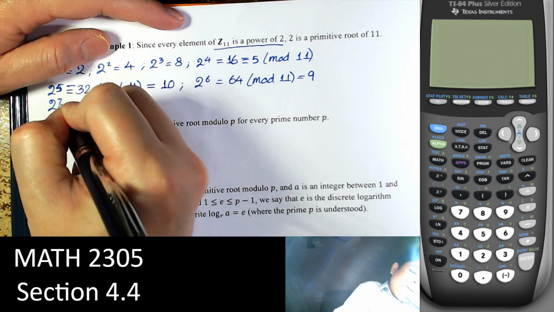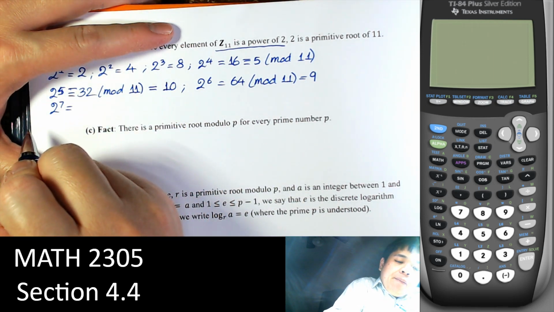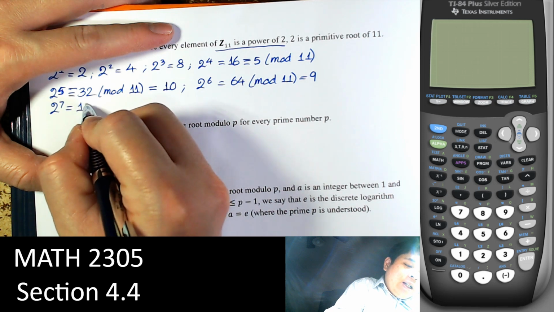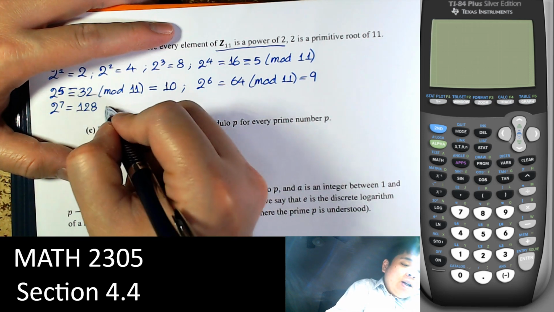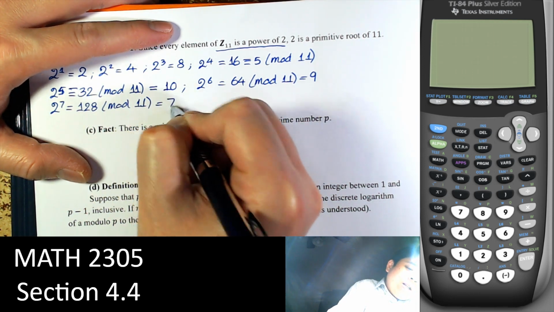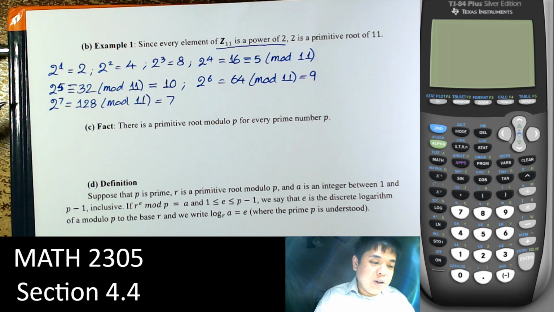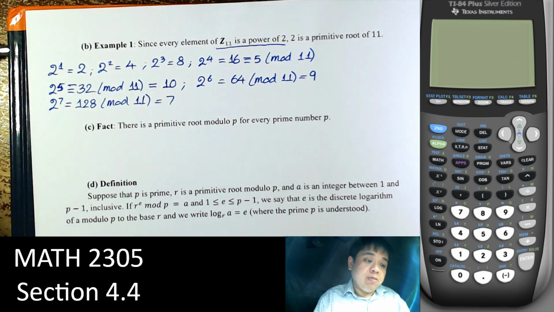Then 2 to the 7 is 128, so that's more like 121, giving 7. And you see all the numbers are different: 2, 4, 8, 5, 10, 9, 7.